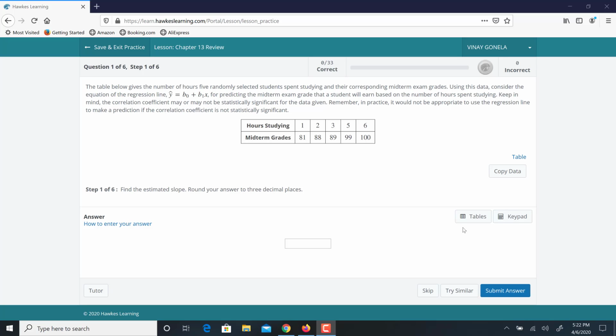So question 1, the table below gives the number of hours 5 randomly selected students spent studying and their corresponding midterm exam grades. Using this data, consider the equation of the regression line y hat equals b naught plus b1x for predicting the midterm grade that a student will earn based on the number of hours spent studying.